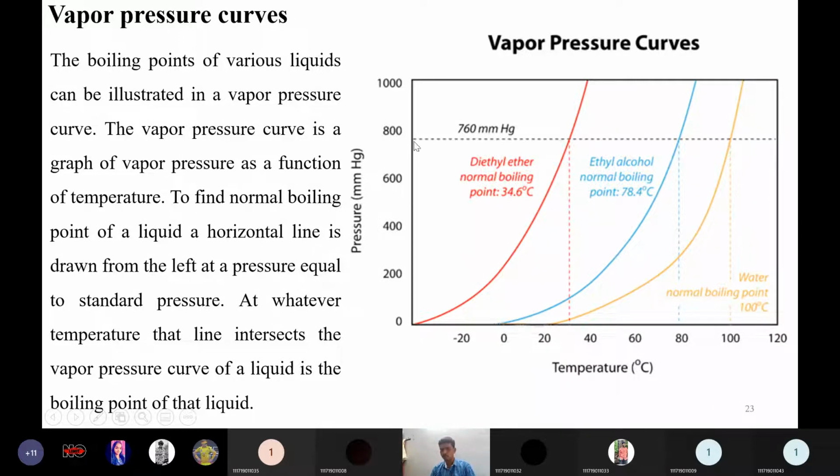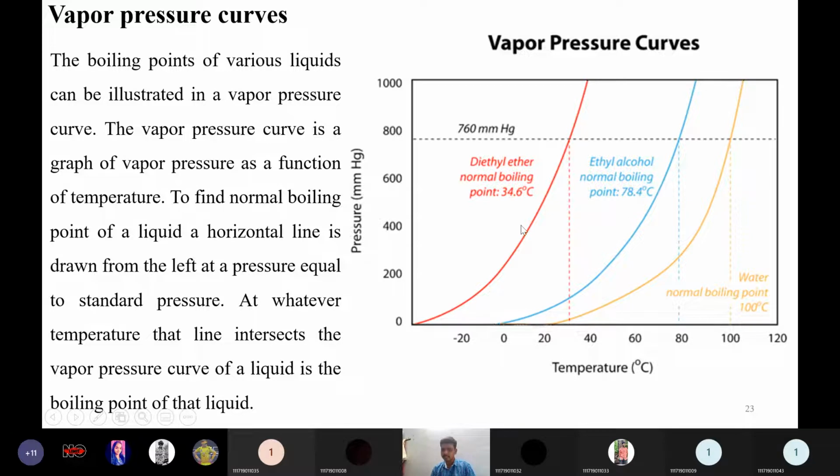How are we determining the normal boiling point at 1 atmospheric pressure? We can project from 1 atma. So 1 atma is equal to 760 mmHg. If you project the same line until it touches this vapor pressure curve, and then project this to the x-axis, there you can come to know the true or normal boiling point of your ethyl alcohol. So that is 78.4 degrees centigrade.